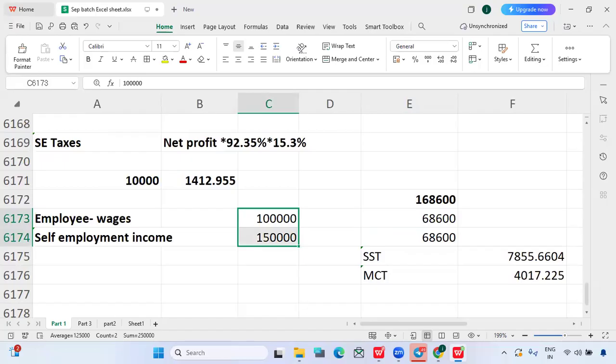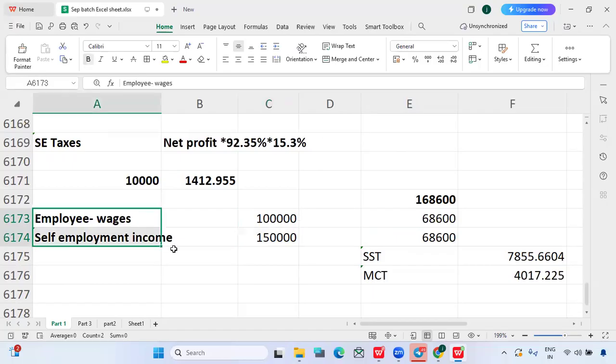So per person per year, the Social Security base limit is 168,600. It is not on a single source of income. It is based on the total earned income. What is earned income, guys? Income received for the performance of services, we call it earned income.